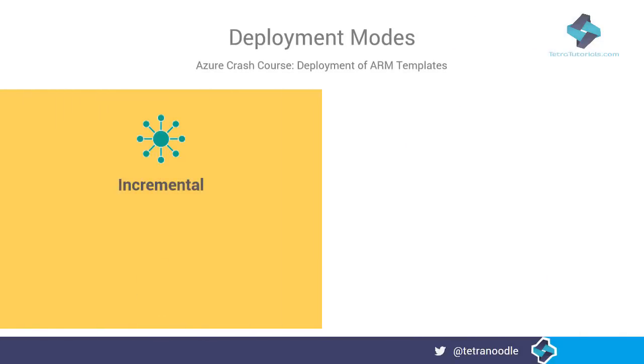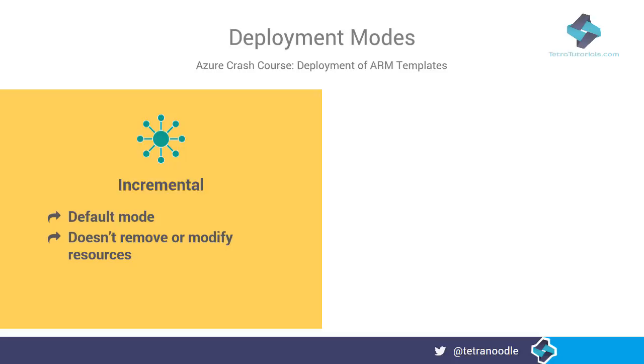Now let's move on and see another great feature of Azure ARM templates called the deployment modes. By default, Azure ARM templates have two deployment modes, incremental and complete. The incremental deployment mode is the default mode.